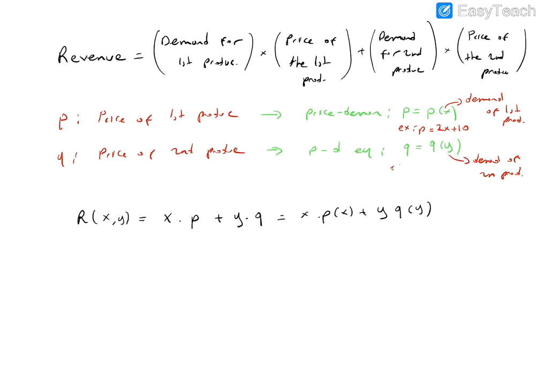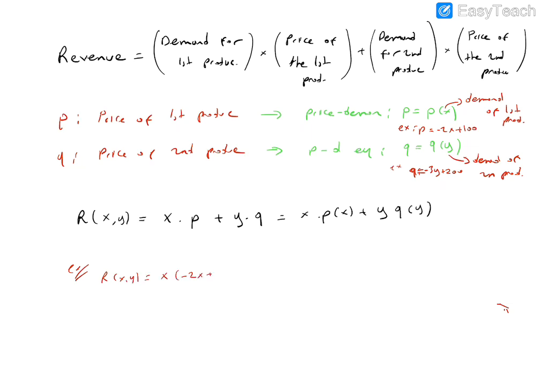For example, q is 3y plus... but when x increases, price decreases, so this should be negative, I am sorry: minus 2x plus 100, and minus 3y plus 300. Symbolically I wrote these, I don't know the exact ones. So by replacing these two functions, you can write the revenue function in terms of x and y.